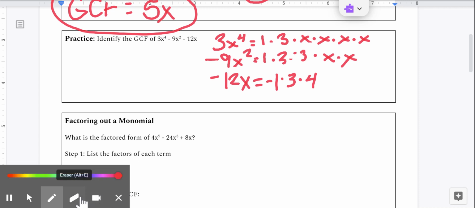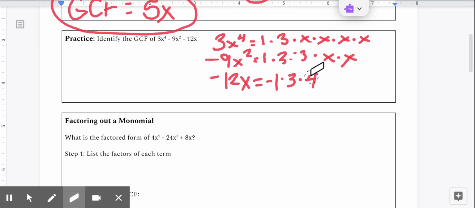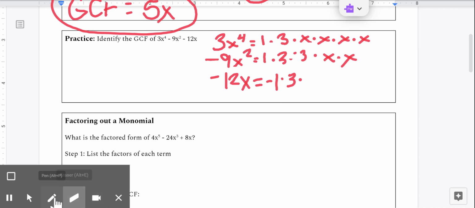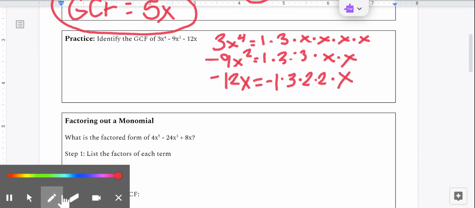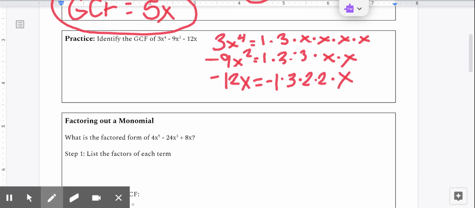So instead of listing a 4, we're going to break that down into its factors. The factors of 4 would be 2 and 2. So instead of 4, we're going to write that as 2 times 2, so we can have those prime factors, and then x.